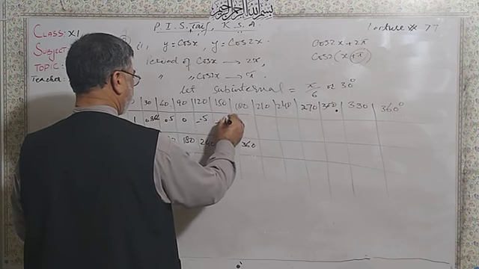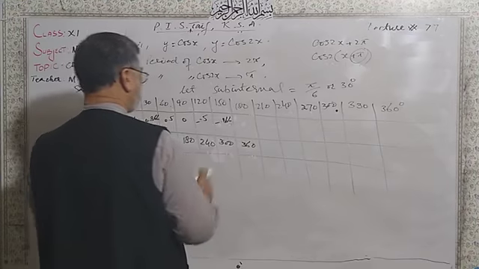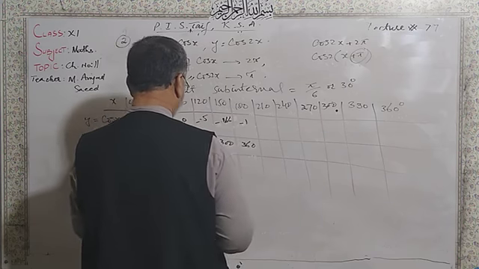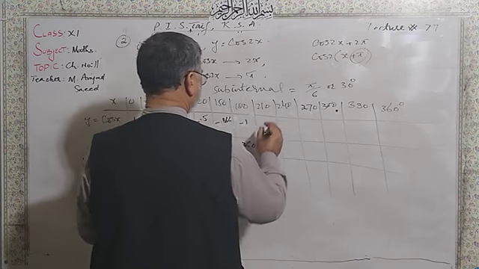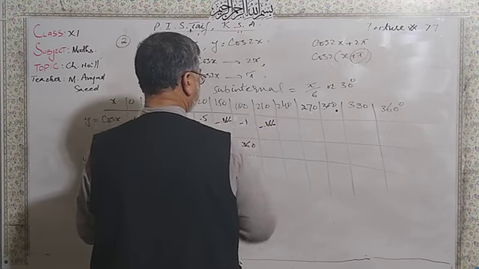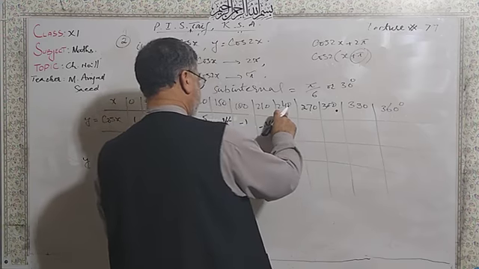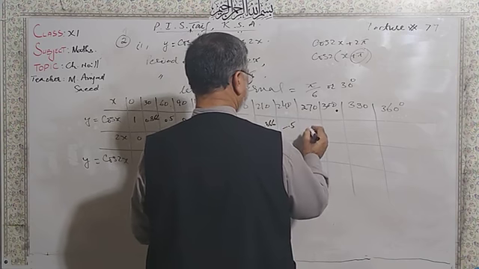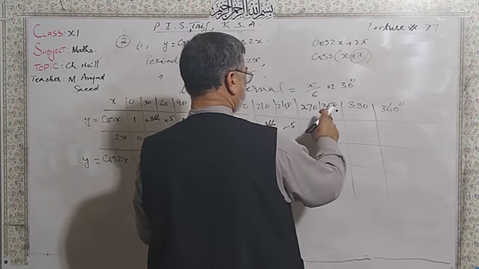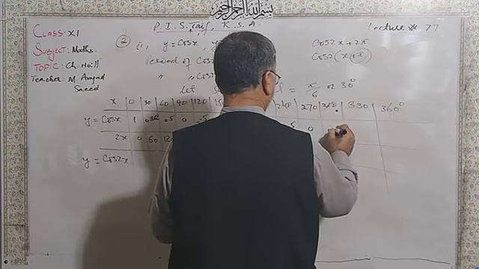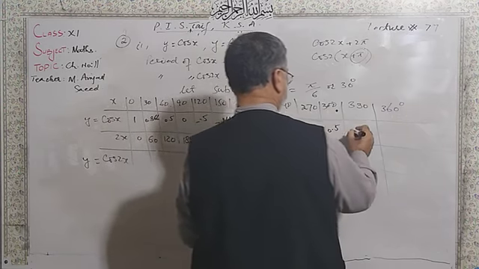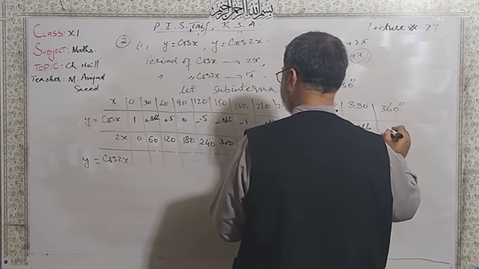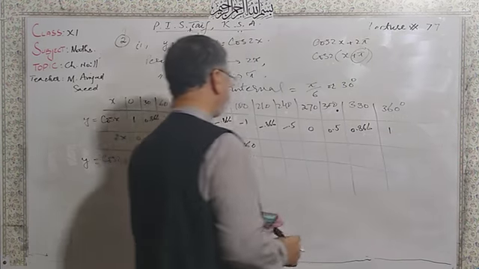Cos 150 is minus 0.866. And cos 180 is minus 1. And cos 210 is again minus 0.866. Cos 240 is minus 0.5. And cos 270 is 0. Cos 300 is 0.5. Cos 330 is 0.866. And cos 360, that will be 1.